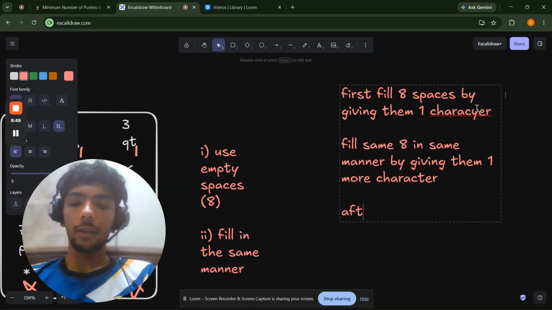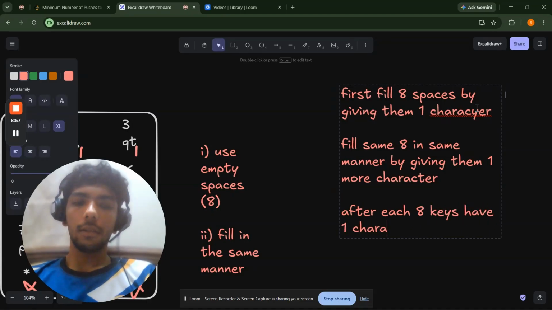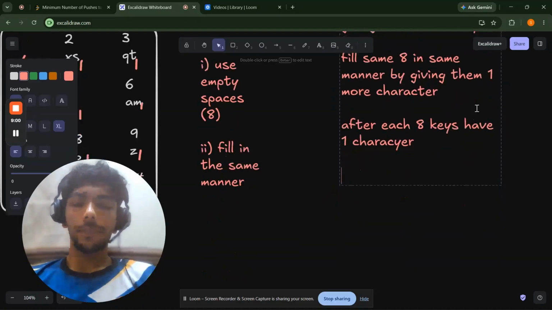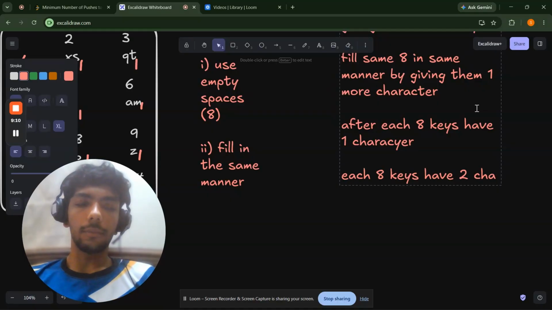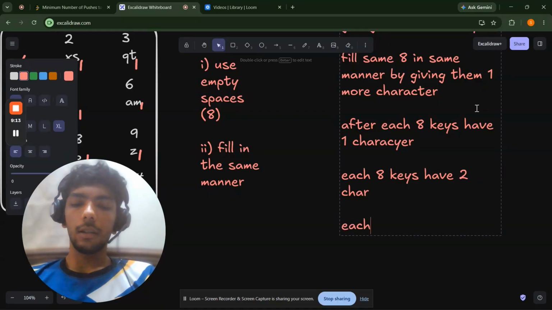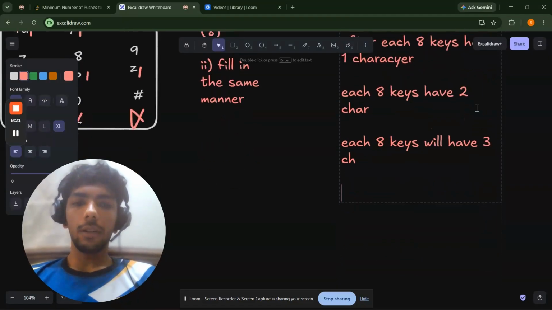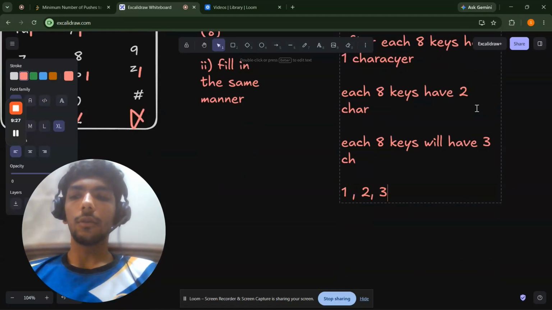So after each 8 keys have one character, we try to get the situation that each 8 keys have two characters. After that, each 8 keys will have three characters. If one key has one, another has two, another has three, it will result in more pushes.